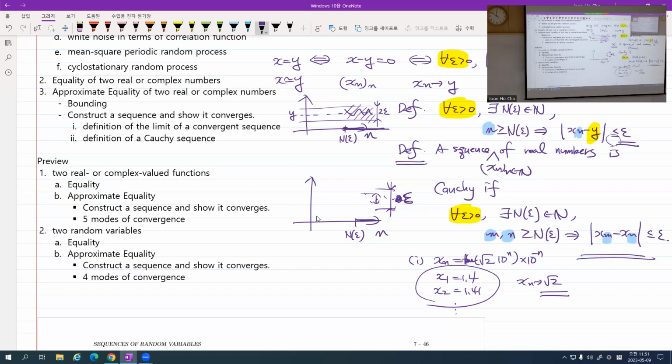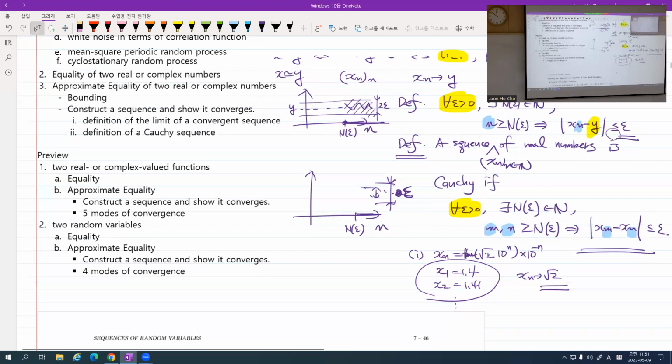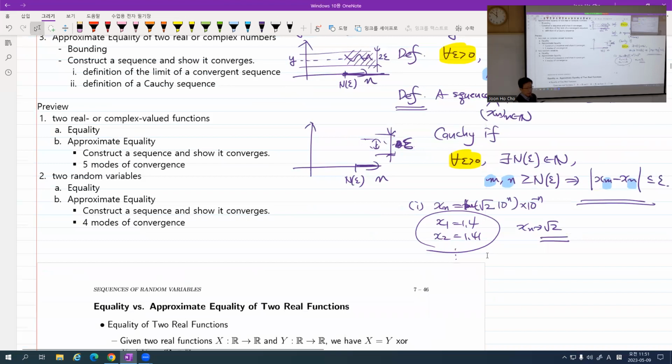However, in our computer dominant world in engineering, we always handle every number as a rational number. But anyway, if the error is small enough, then we are okay. So for most engineering students and engineers, we don't need that difficult theory. Almost everything appeals to our engineering intuition.